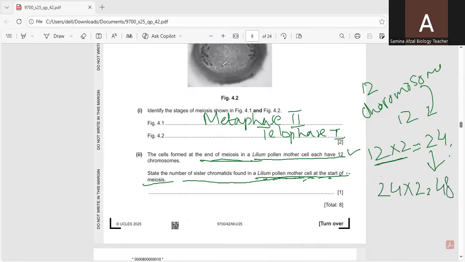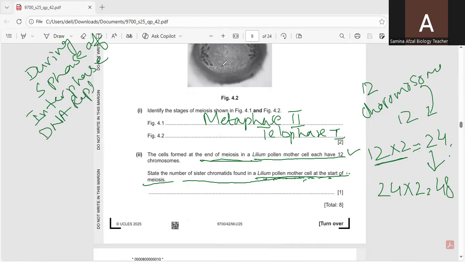Why are they 48? Because each of the 2n chromosomes replicates. Before meiosis begins, during the S phase of interphase, DNA replication occurs.